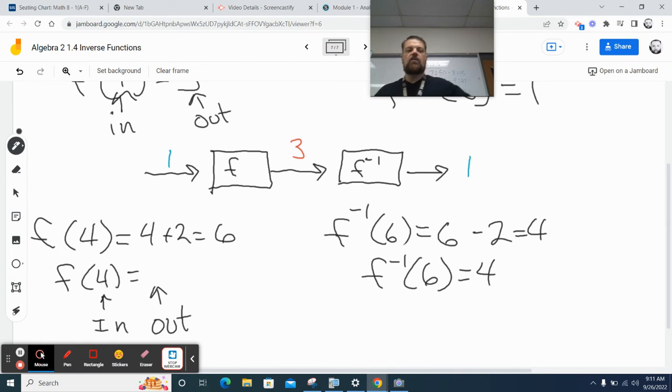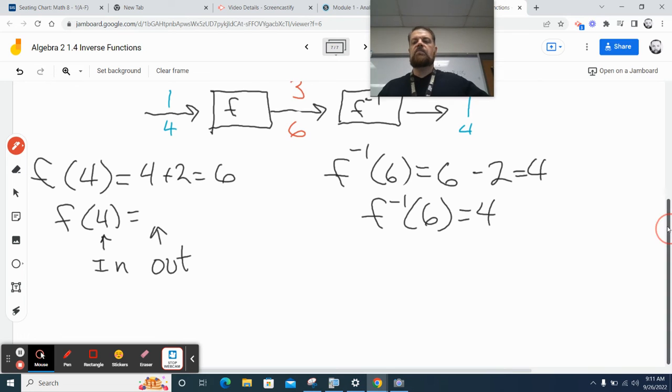In other words, if I plug in 4, I'll crank through the math and I'll get 6 if I'm doing my math correctly. And then if I put that through the inverse function, my output will be 4. Okay. Let's try another one.